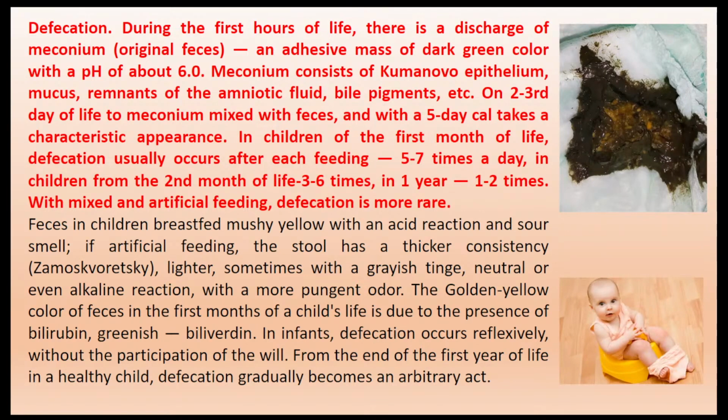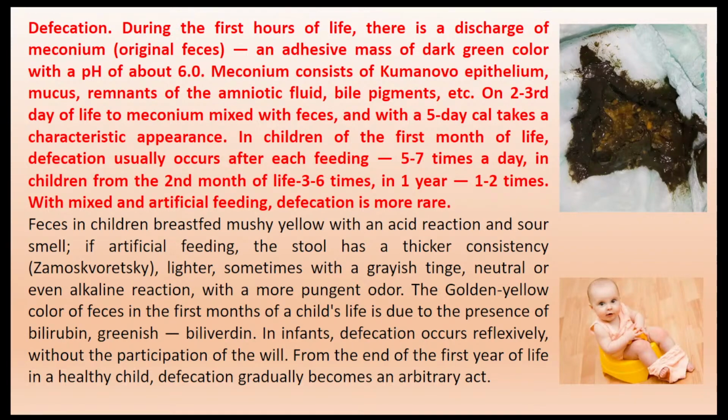Feces in breastfed children are mushy, yellow, with an acid reaction and a sour smell. With artificial feeding, the stool is thicker and lighter, sometimes with a grayish tinge, with a neutral or even alkaline reaction and a more pungent odor.